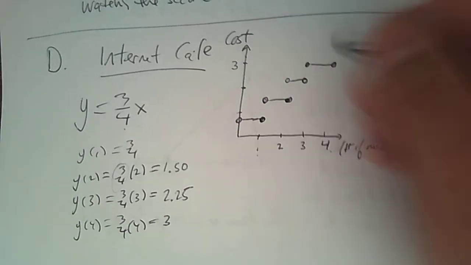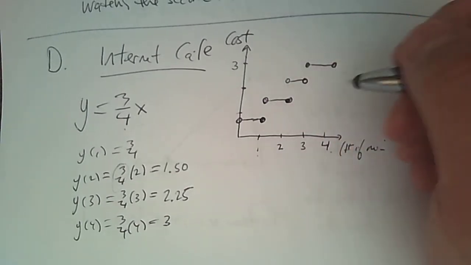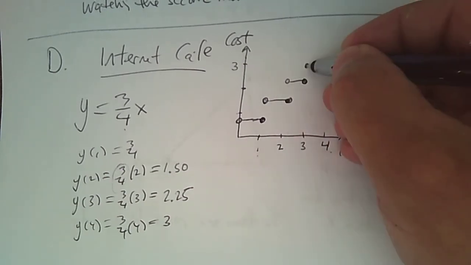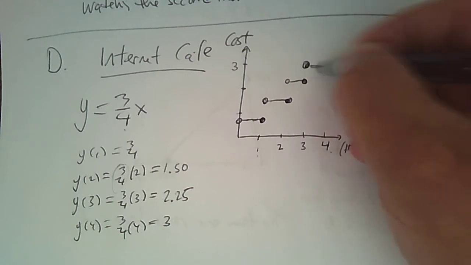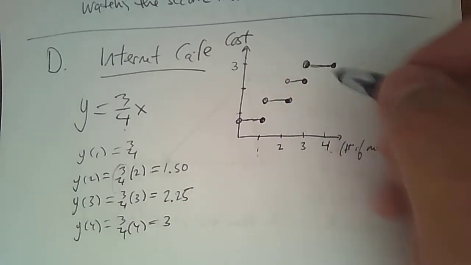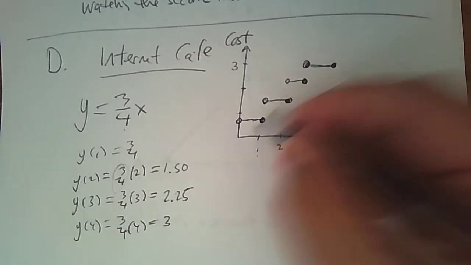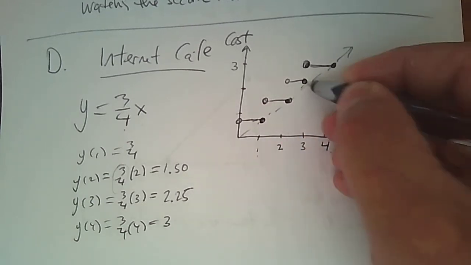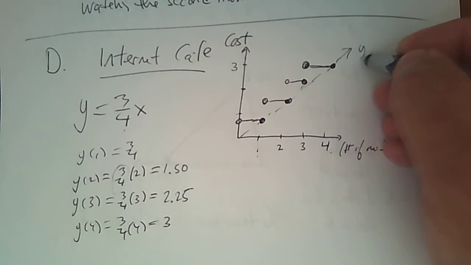If you connected the solid points here, if I had done it a little more accurately, that line would be y equals 3/4 x.